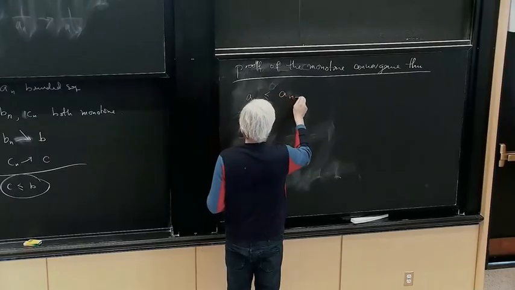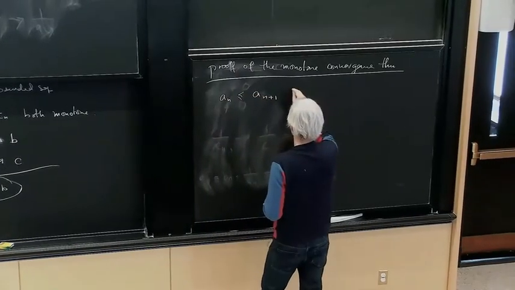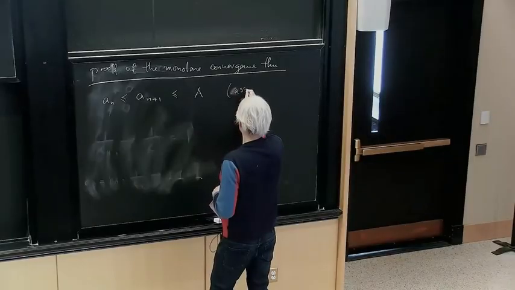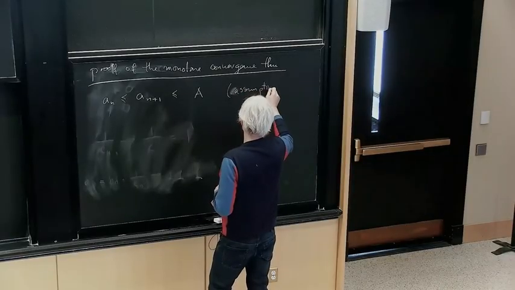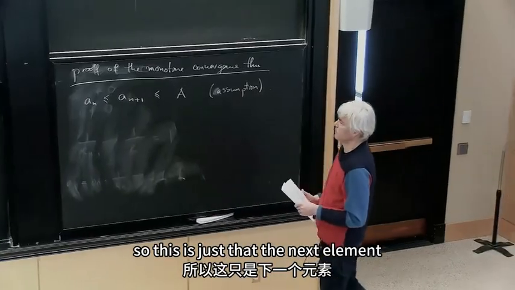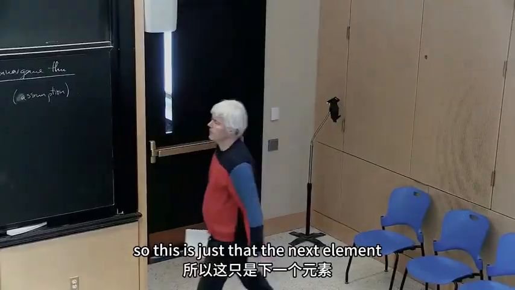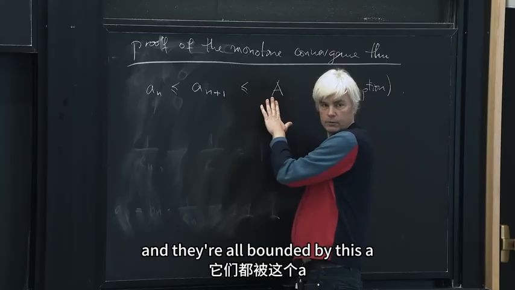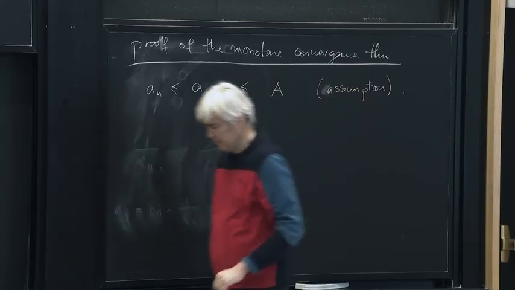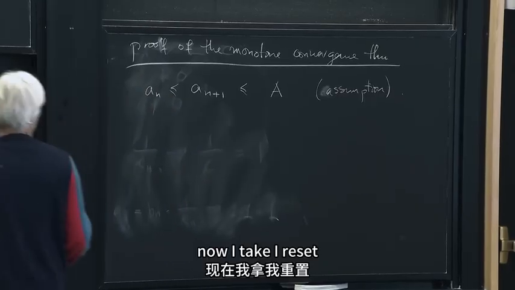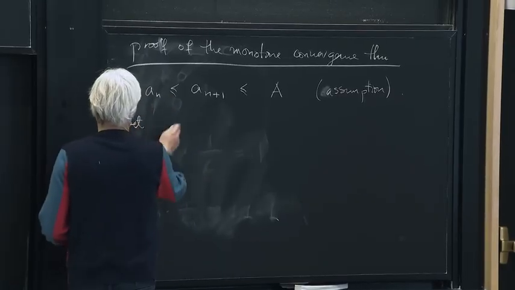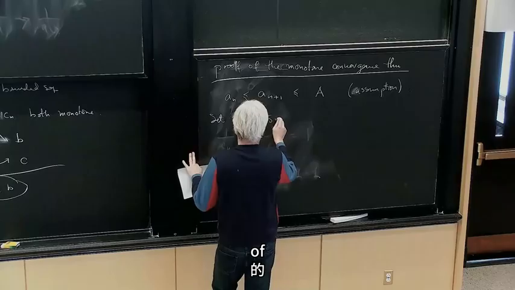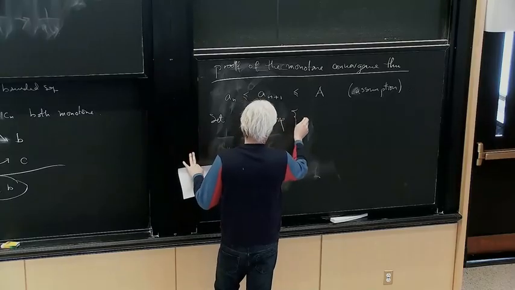So this here is the assumption: the next element is larger or equal to the previous one, and they're all bounded by this A. Now we set little a equal to the sup of the a_n's.